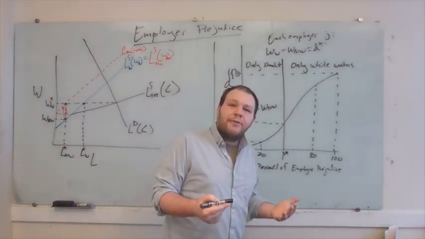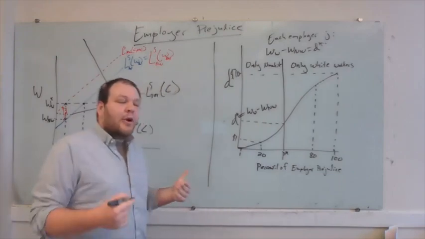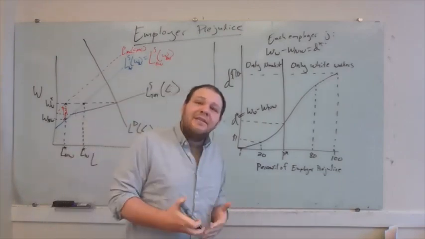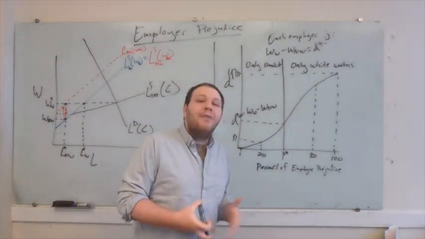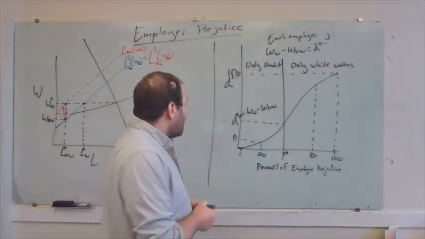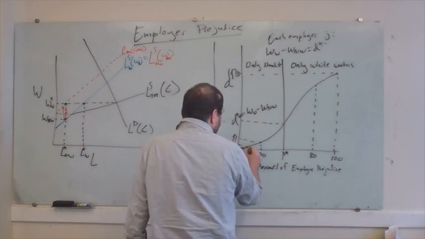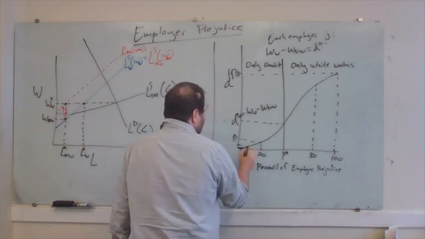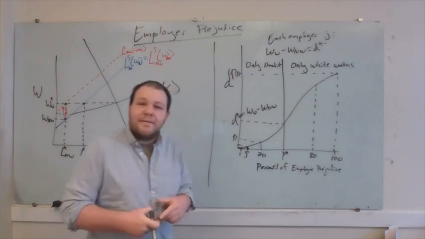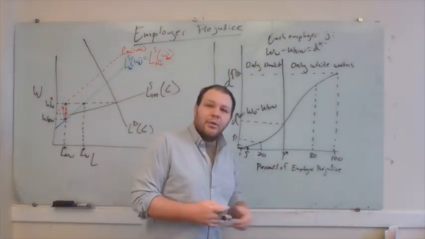On the other hand, if we were in a different labor market where only 5% of available workers were non-white, then the wage gap would be set by the 5th percentile employer, the person who is more prejudiced than 5% of employers, less prejudiced than 95% of employers.